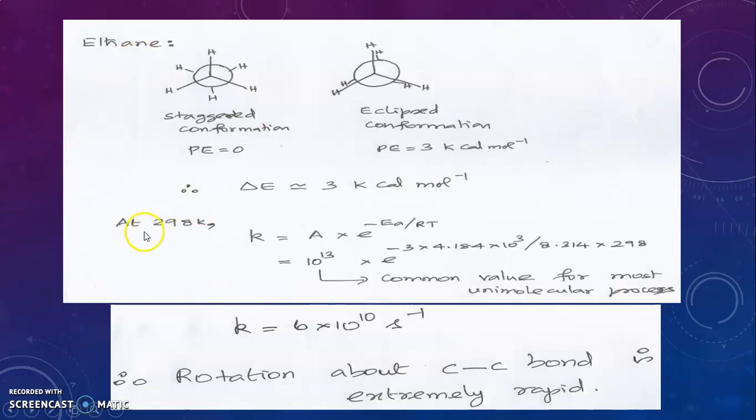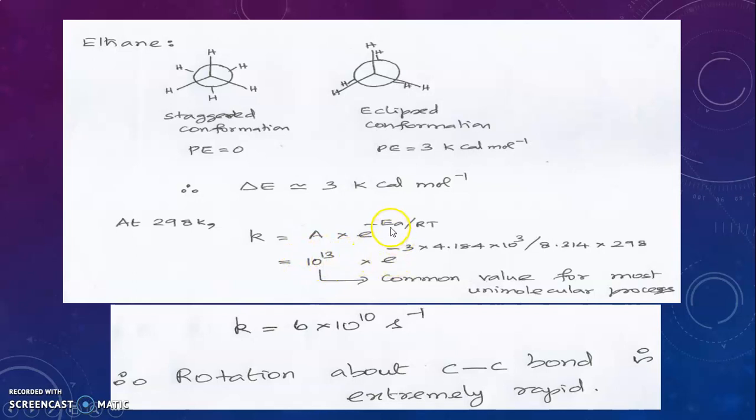Say for example at 298 Kelvin, we will calculate the rate constant. We know very well, according to the Arrhenius equation, the rate constant is equal to the pre-exponential factor into e power minus Ea by RT. For most unimolecular processes, the pre-exponential factor value is 10 power 13. This is a common value, so I am going to use it as such.